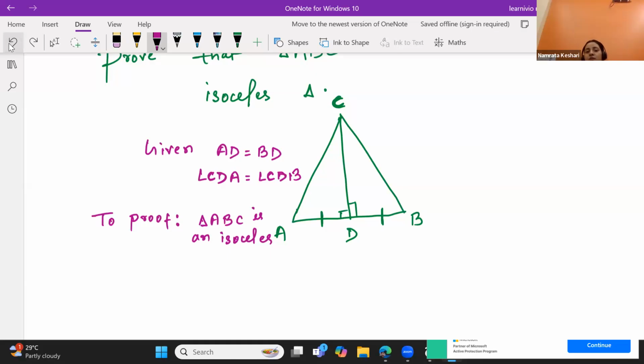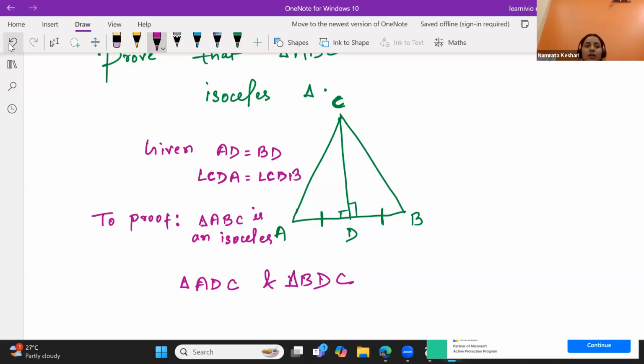So if we take triangle ADC, which is clearly visible over here, and triangle BDC, and show that these two are congruent, then by CPCT angle A and angle B will be the same. If angle A and angle B are the same, then we can say ABC is an isosceles. Yes or no? Yes, ma'am. Okay.